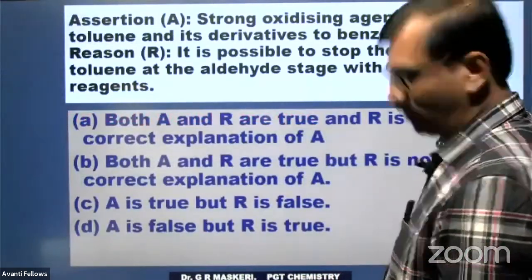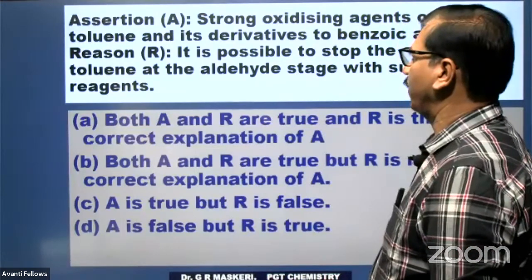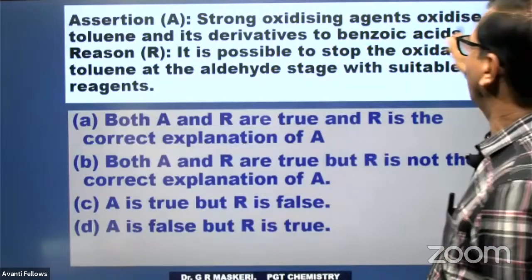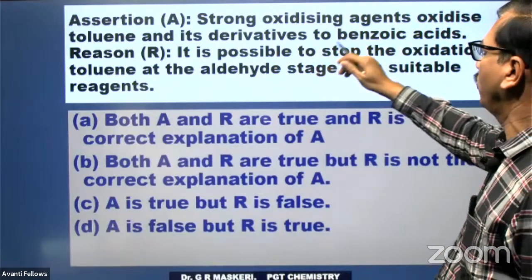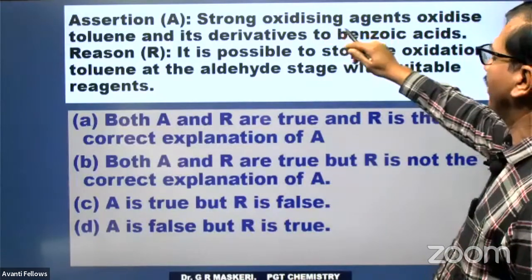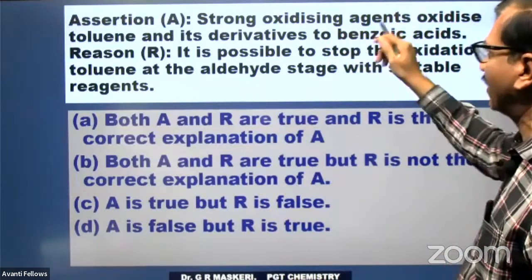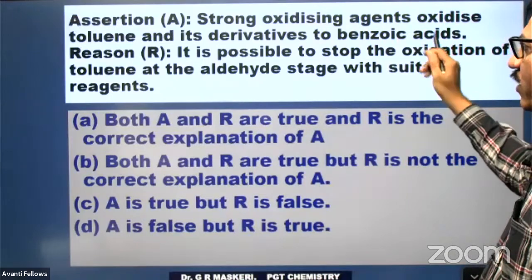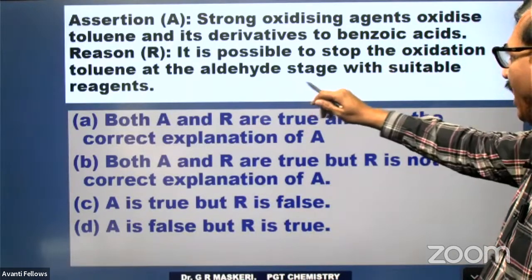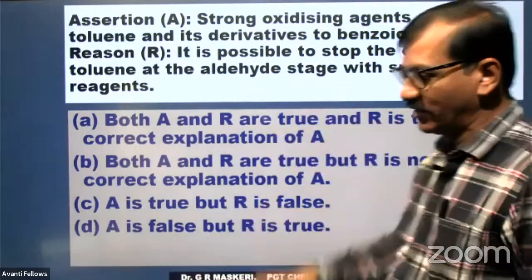Assertion and reasoning questions we will take up later. One question I will deal with. Assertion: Strong oxidizing agents will oxidize toluene and its derivatives to benzoic acids. Reason: It is possible to stop the oxidation of toluene at the aldehyde stage with suitable reagents.